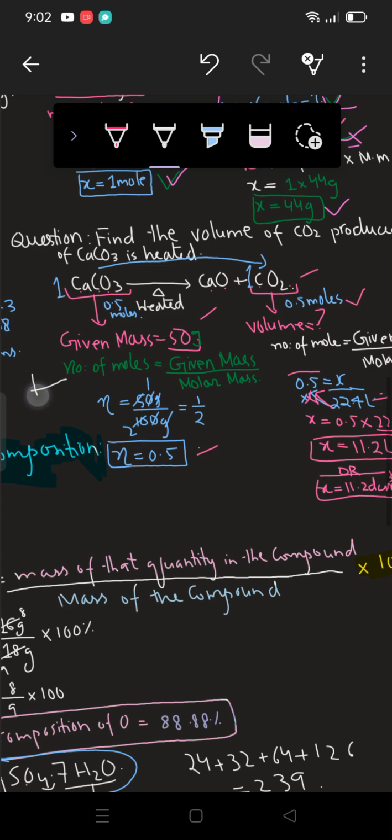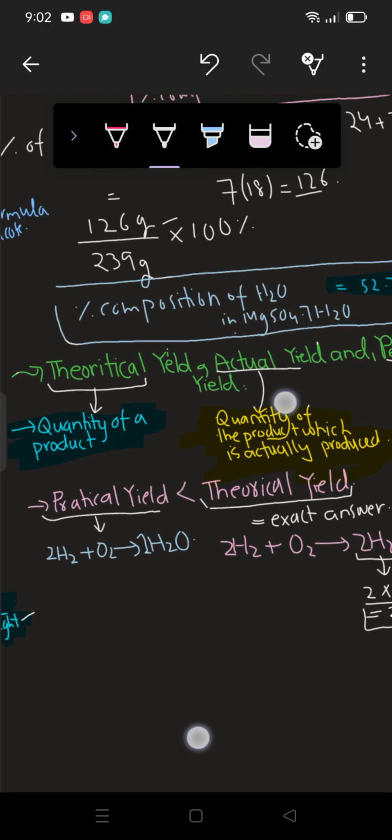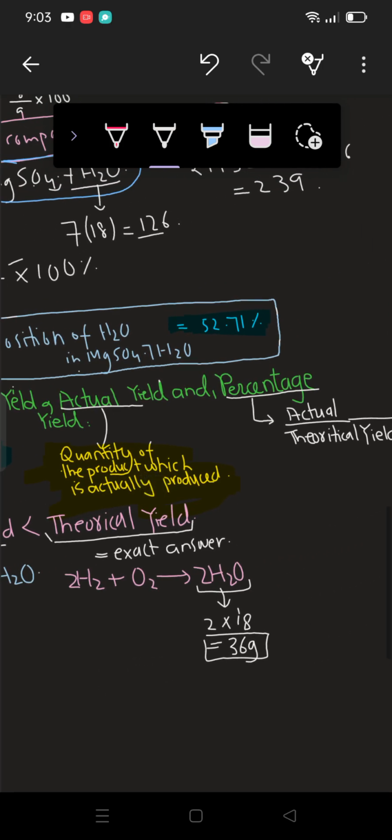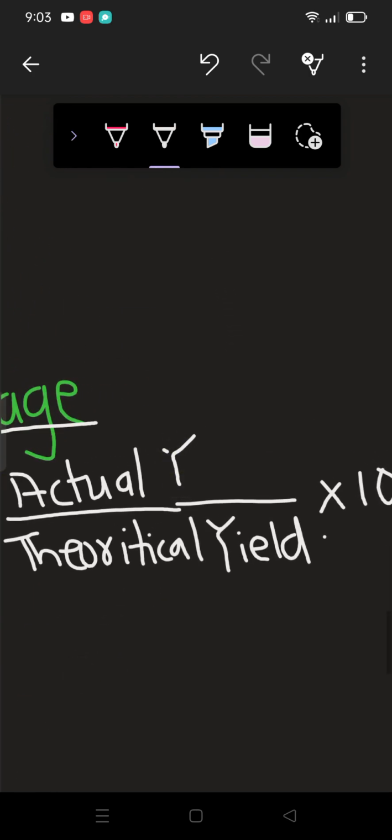What would be the practical yield of it? The practical yield is something which is actually produced by the chemical reaction, when we perform that physically, right? So actual yield is the quantity of product which is actually produced by the chemical reaction. And percentage yield is actual yield divided by theoretical yield into 100.